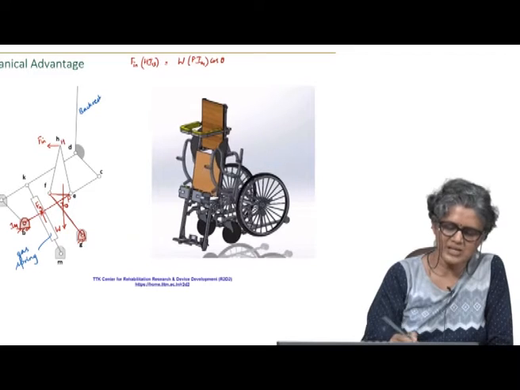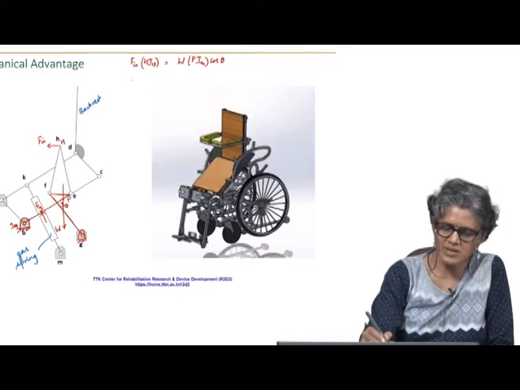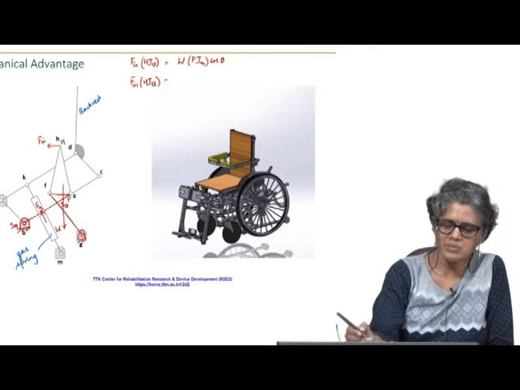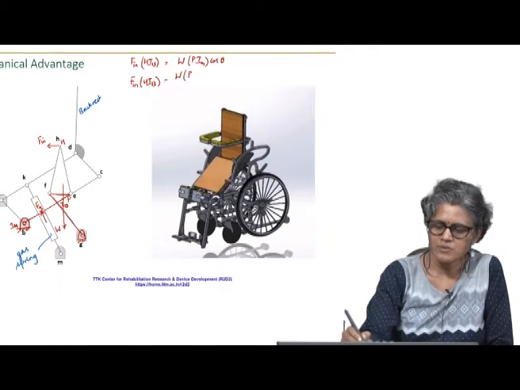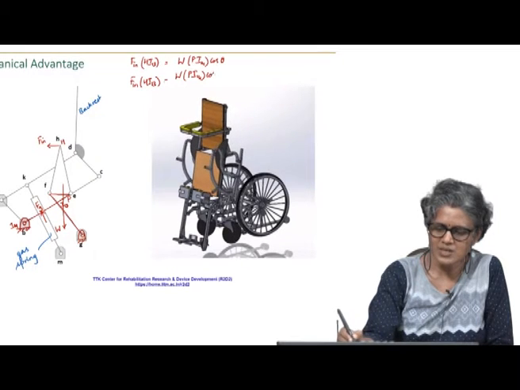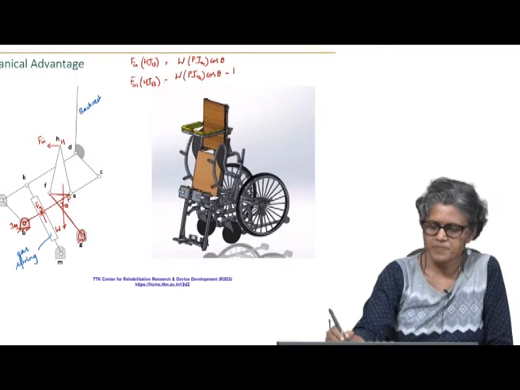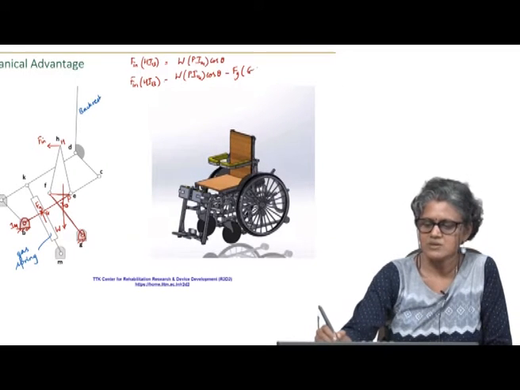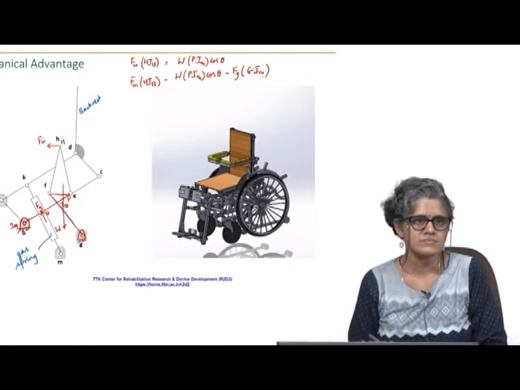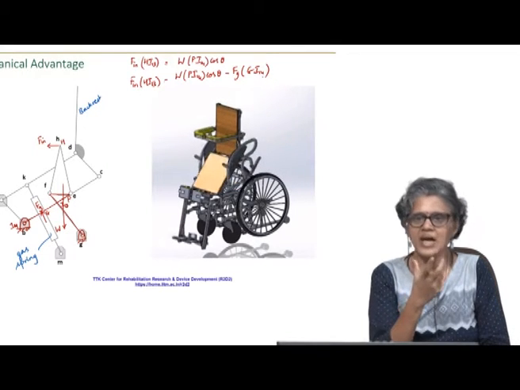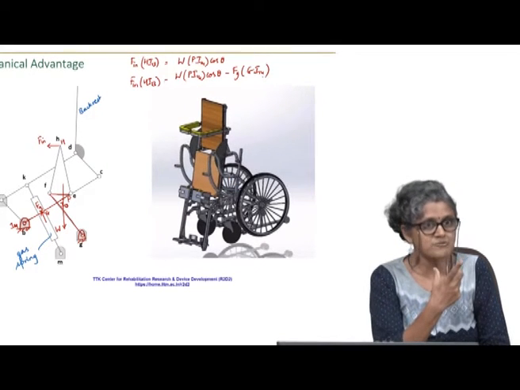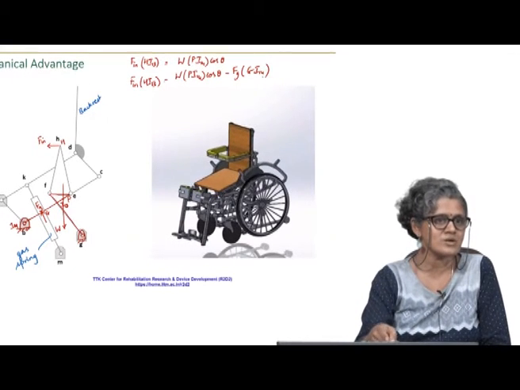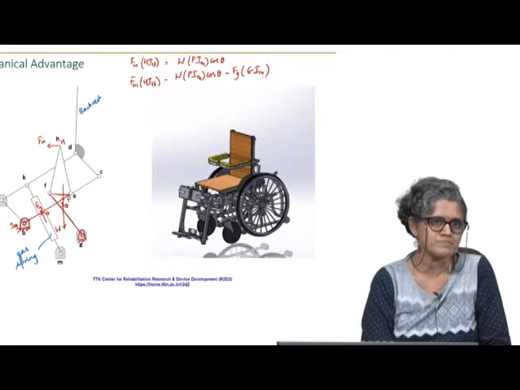Suppose at that particular instant it is perpendicular, then F in into H I13 will be equal to W into P I14 cos theta minus Fg into, say this point is G, into I14. So, you can get compact gas springs which can apply pretty high forces. So, what that does is it reduces the input torque that I have to apply.